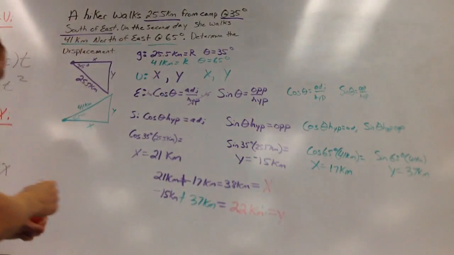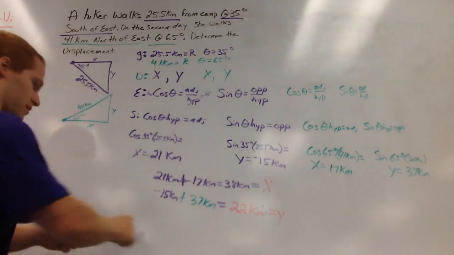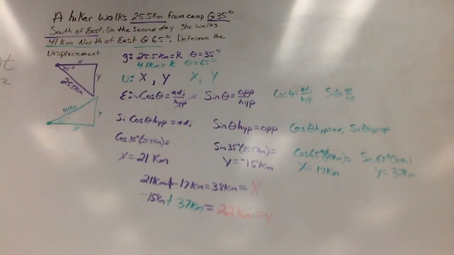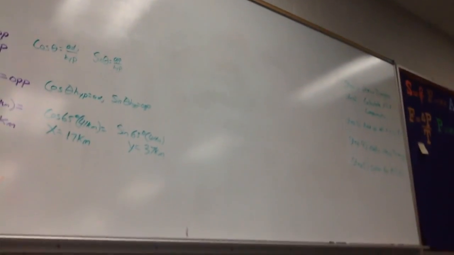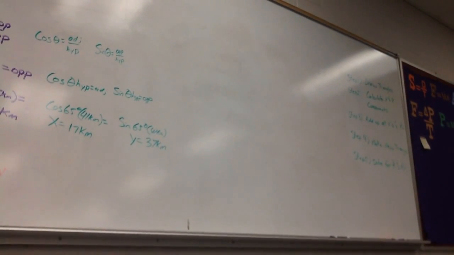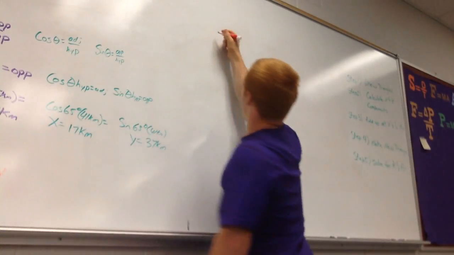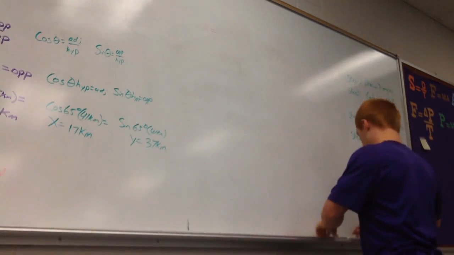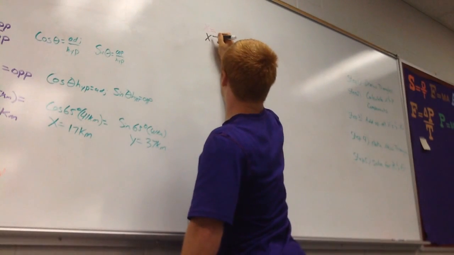So now we have new x's and new y's. We are going to have a new triangle, so with that, we are going to draw a new triangle. I'm going to move over a little bit. I'm going to draw it in black because you can't really see the other color.